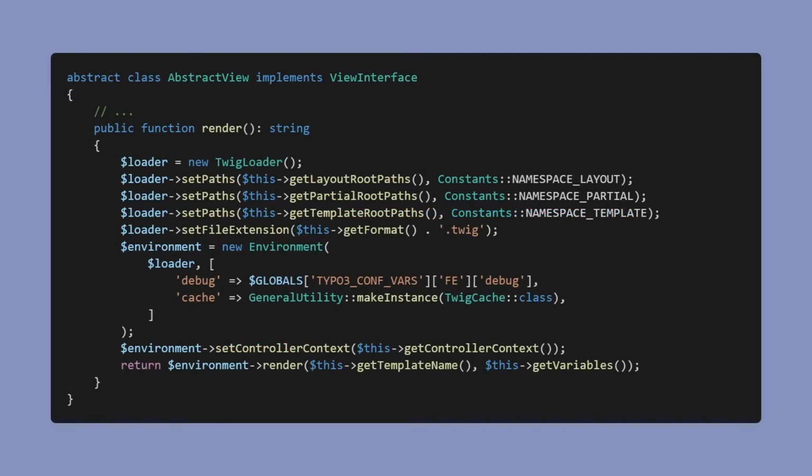So, and now finally we are back to our abstract view. What a ride, huh? So you can now see these examples are short and will not work exactly like shown on there, just to give you an idea. So in our render function, in our abstract view, we will start a new Twig loader and we'll add our predefined root paths, partial paths, and template root paths, and give them the according namespaces so we can access them later on.